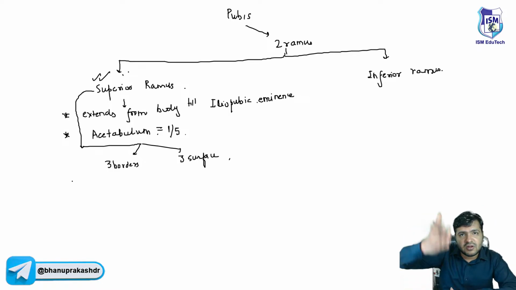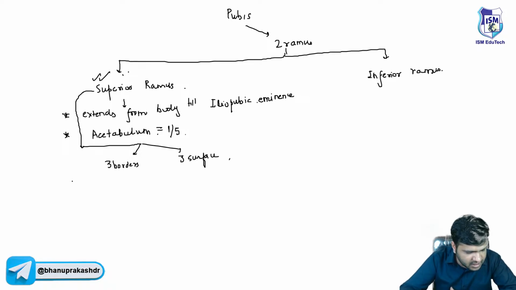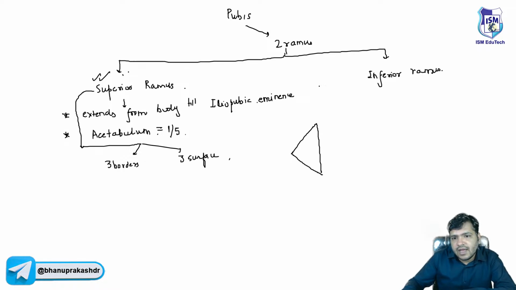And if we take a cross section, that means if I cut it through the middle, what I will get over here, you already know: we have the superior border, inferior border, and the anterior border.